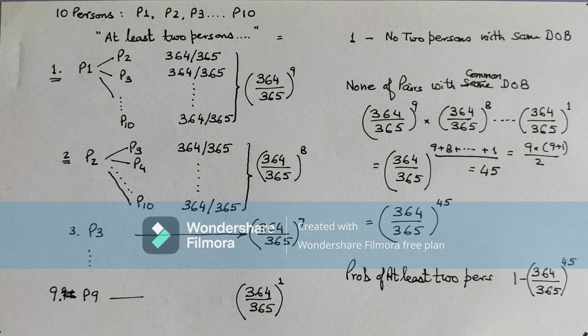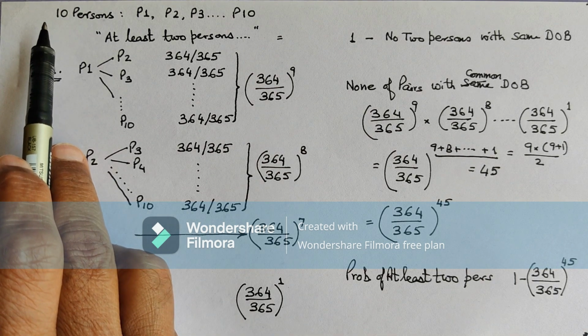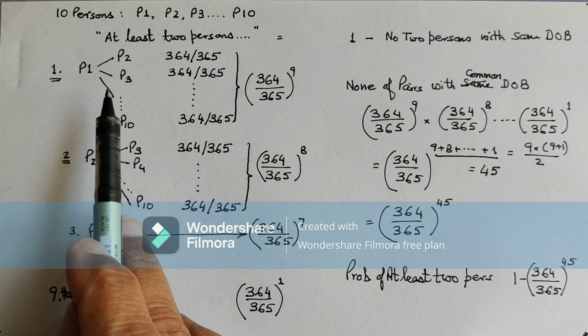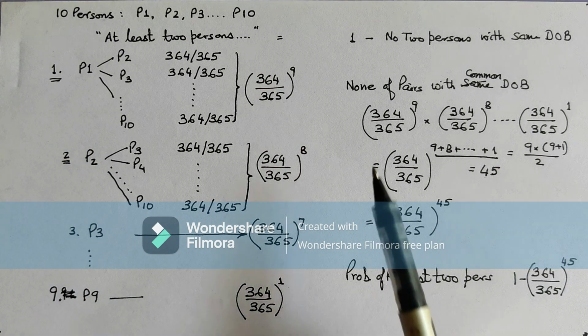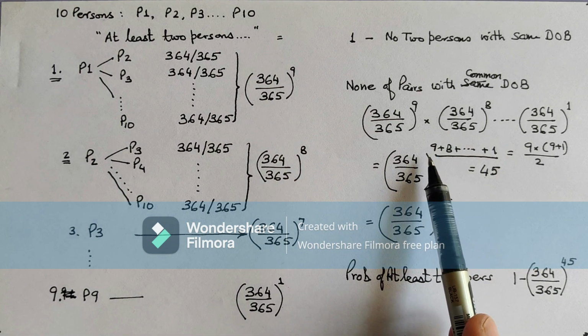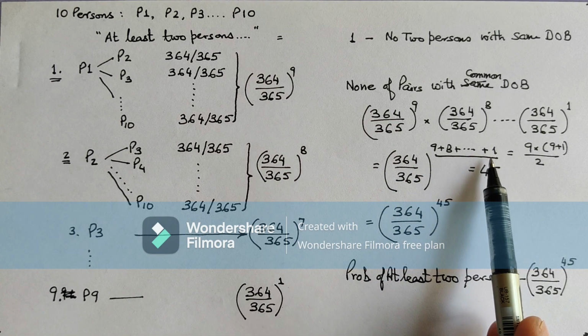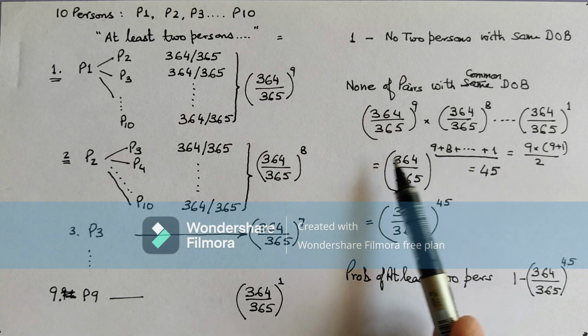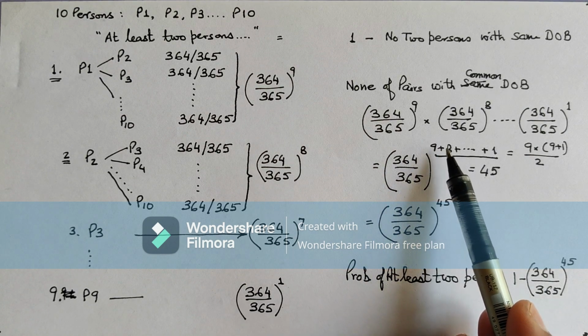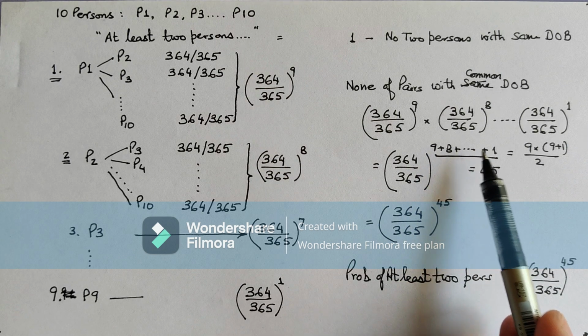Supposing we had 366 persons in the room, going by the above method, the probability of at least two persons having the same date of birth will work out to 1 minus 364 by 365 to the power 365 plus 364 plus 363 up to 1.